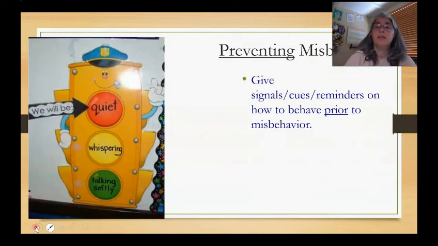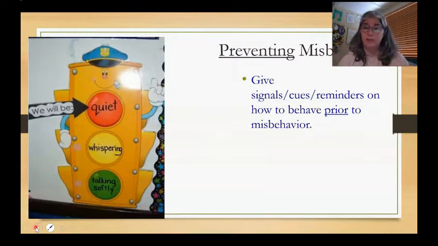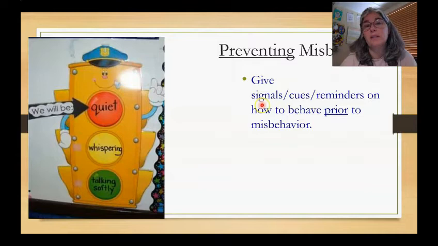Something else you can use is signals and cues and reminders. Before misbehavior gets out of hand, when you're in a situation where you think misbehavior could occur, because maybe they're getting ready to do group work or they're in a transition, give these students a signal, a cue, or a reminder on how they should behave.